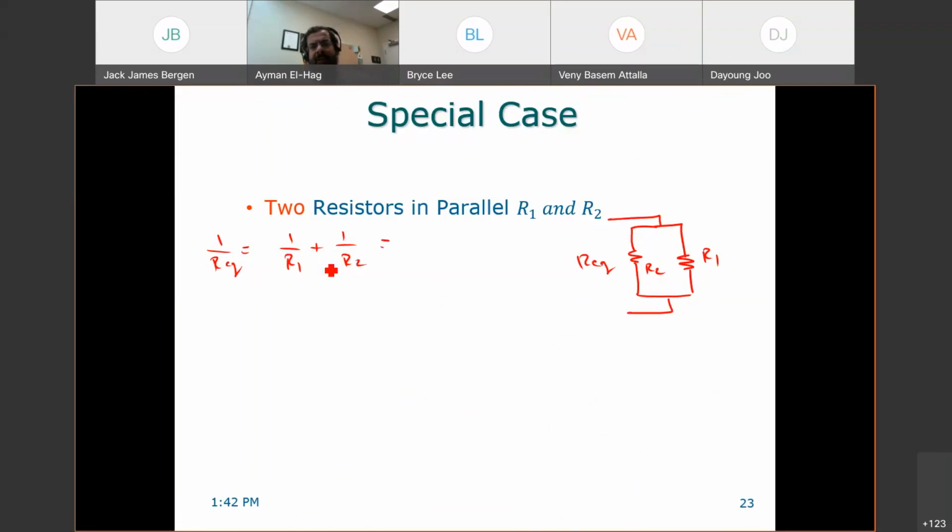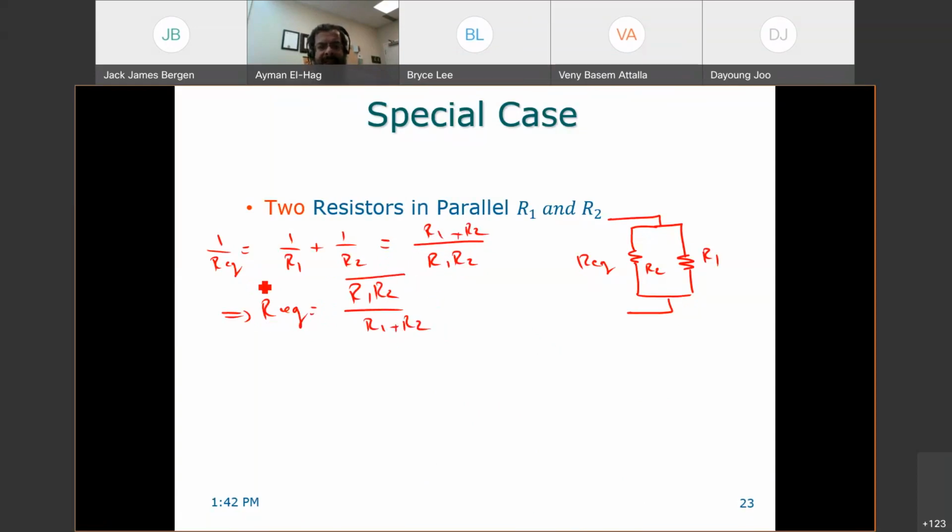So let's add these terms together. We'll have R1 R2 over R1 plus R2. So R equivalent is equal to, take the inverse of this, R1 R2 over R1 plus R2.